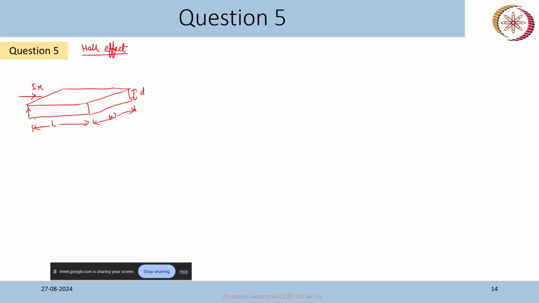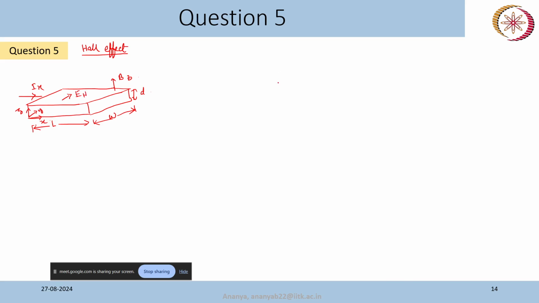So this is Z, this is Y, this is X. There is a magnetic field Bz, and there is an electric field in Y direction, E_H.